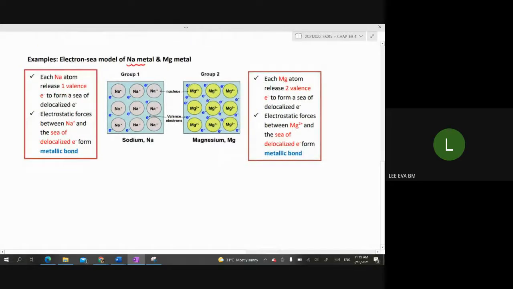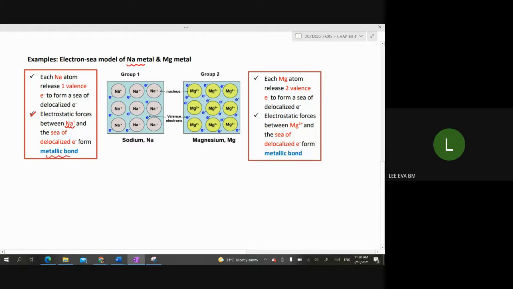So this point is very important because you refer to the metallic bond. So the metallic bond of sodium metal is the electrostatic forces between the Na+, the positively charged metal ion, and the sea of delocalized electrons. In this case, if you already know which metal it is, you must mention its symbol, Na+, the positively charged metal ion.